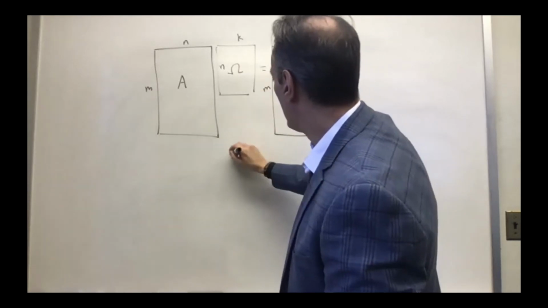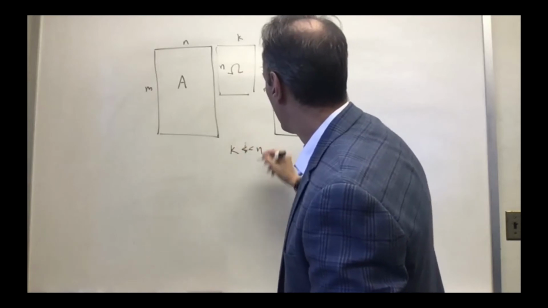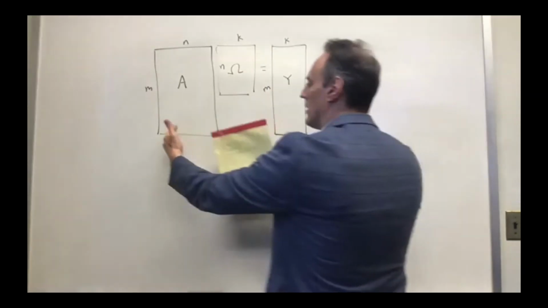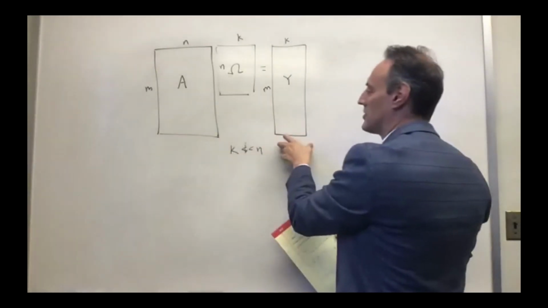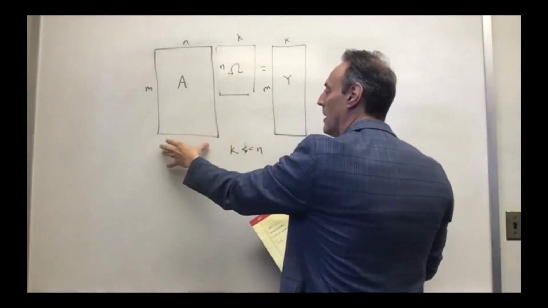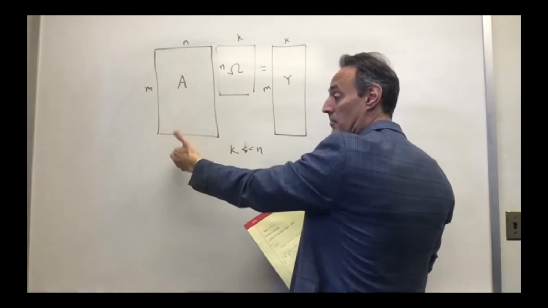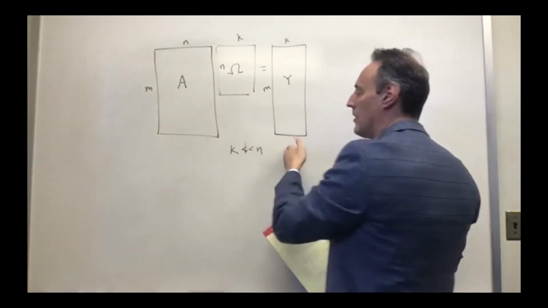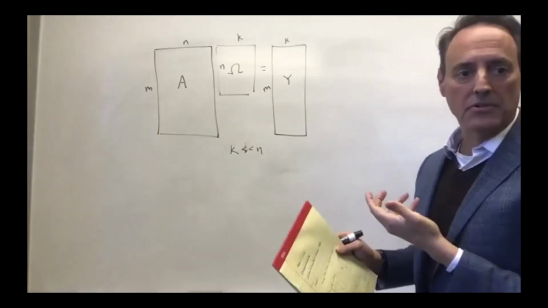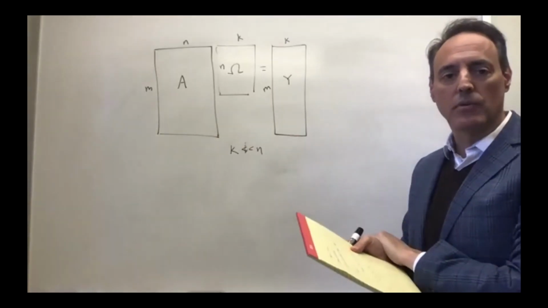So k is much less than m. I haven't drawn this to scale. Normally, maybe I have tens of millions or billions of columns, and now I shrink it down to hundreds or thousands.